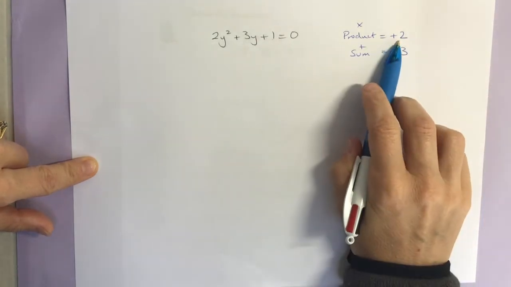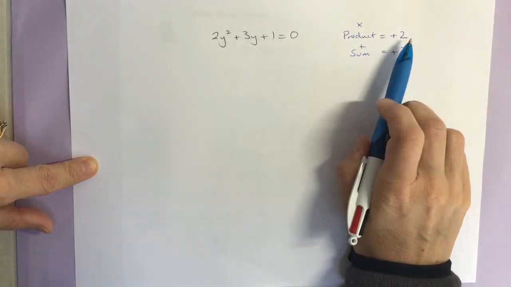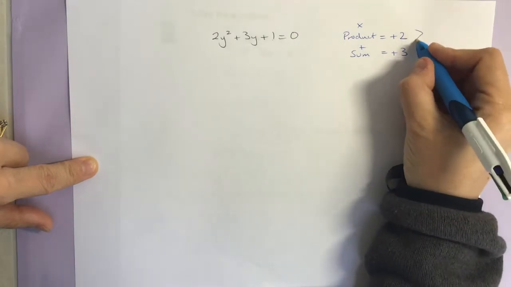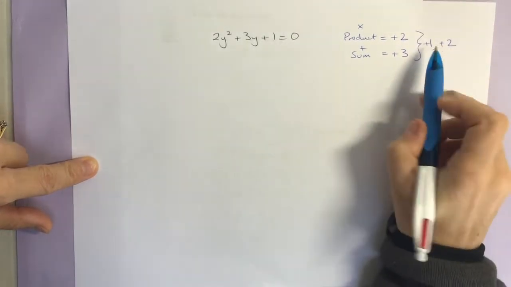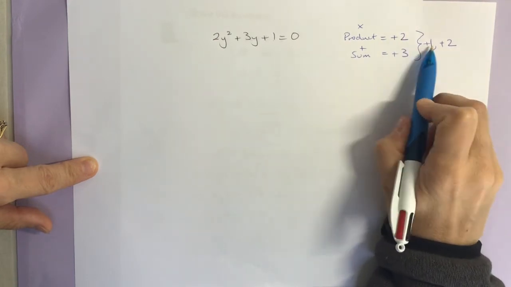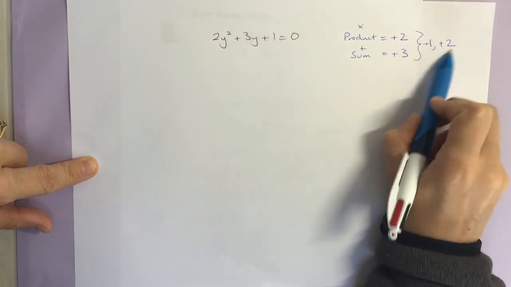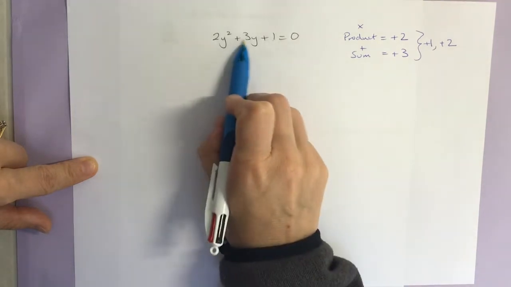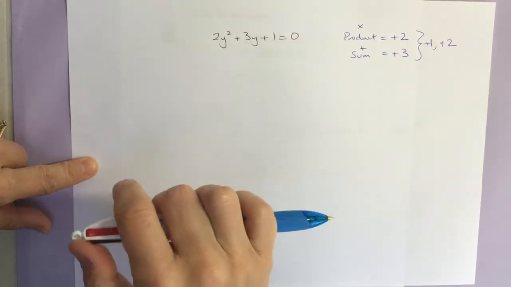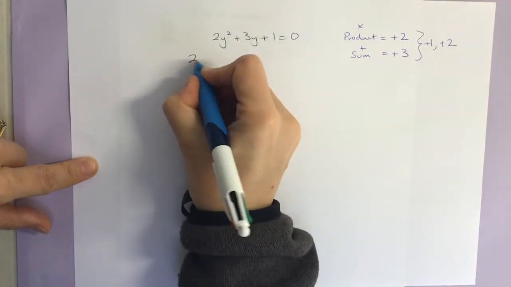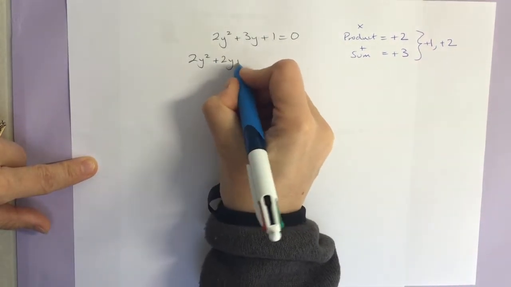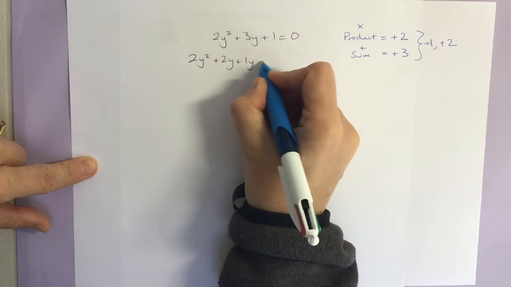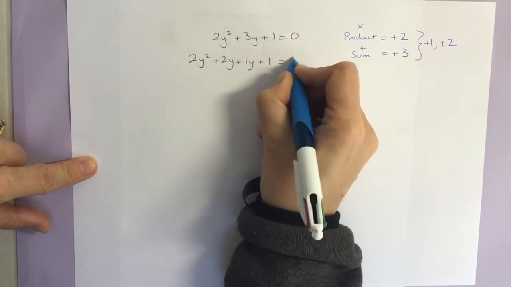And this time, there's not much choices. For 2, you've got a 1 and a 2, but that's okay, because positive 1 and positive 2 is going to give me, multiply to give me positive 2, add to give me 3. So this is definitely my combination when I'm going to split this up. So next line in my quadratic, 2y squared plus 2y plus 1y, or you could write that round the other way, it doesn't matter, plus 1 equals 0.